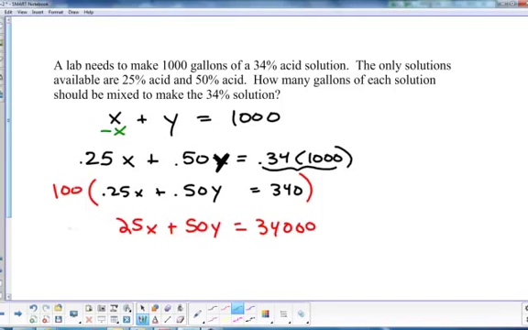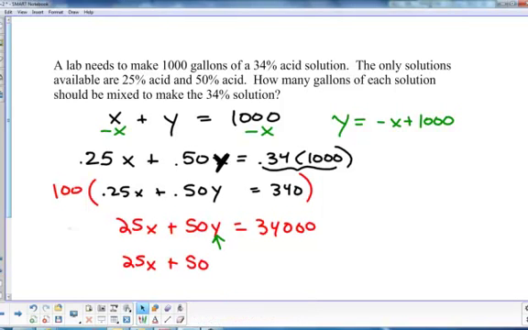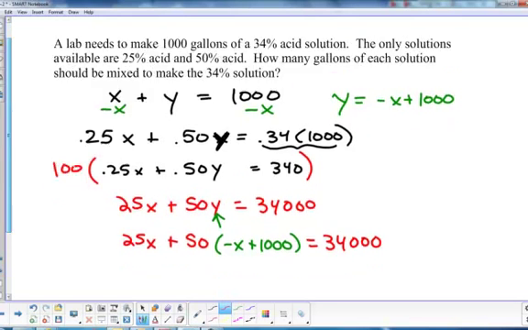So I'm going to solve for y. It doesn't matter what you solve for. So I'm going to plug that in for this y. So if I rewrite 25x plus 50, and then instead of y, I have negative x plus 1,000 equaling 34,000.